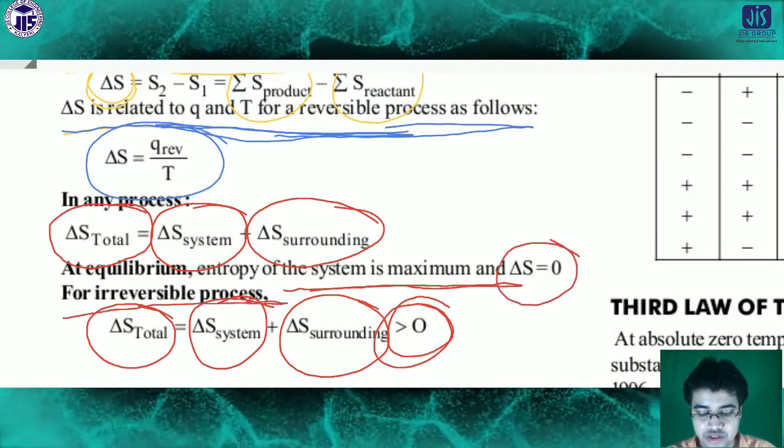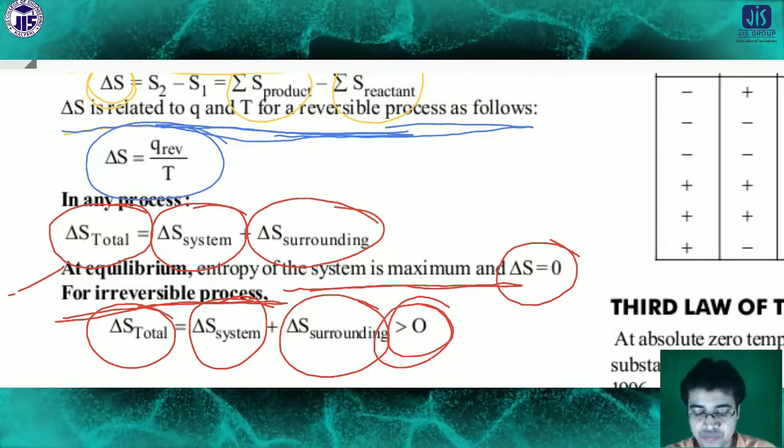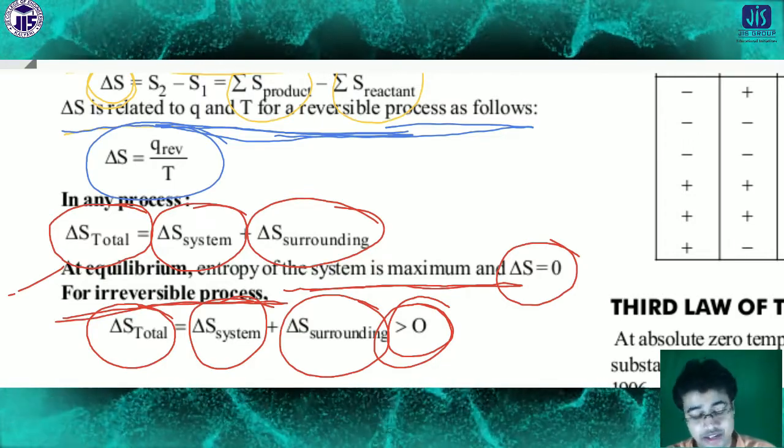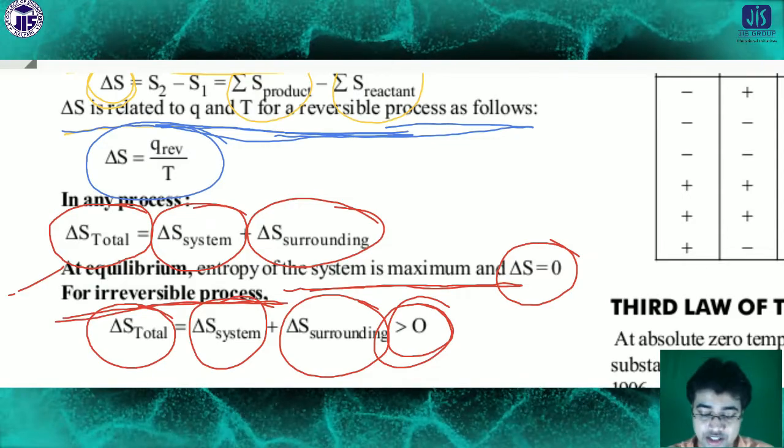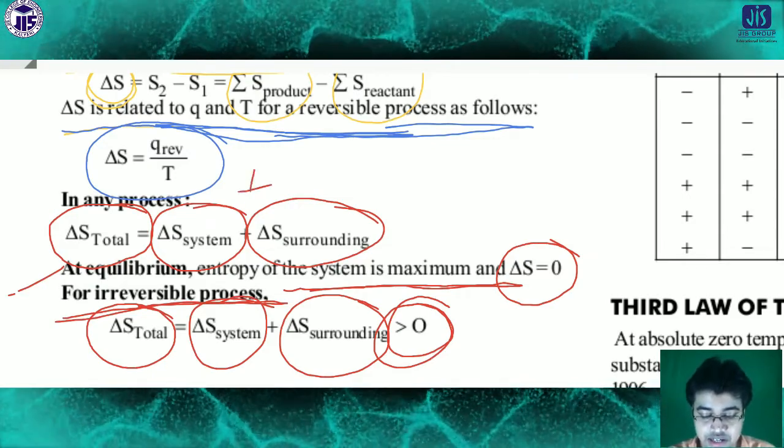For an irreversible process, you have to keep in mind that delta S total equals delta S system plus delta S surrounding, which is greater than or equal to 0.